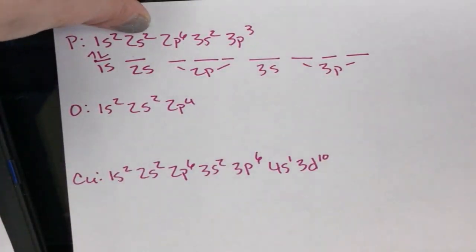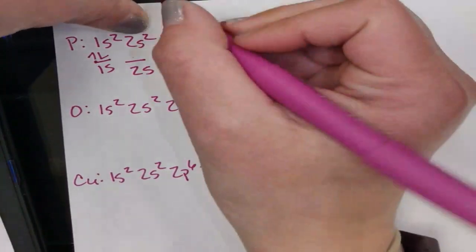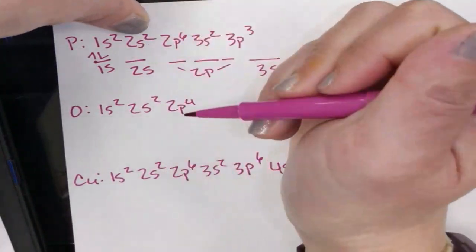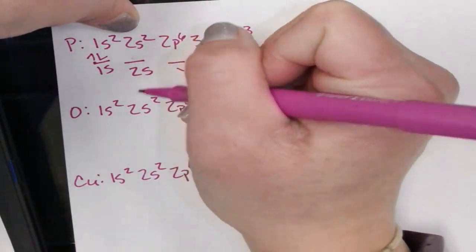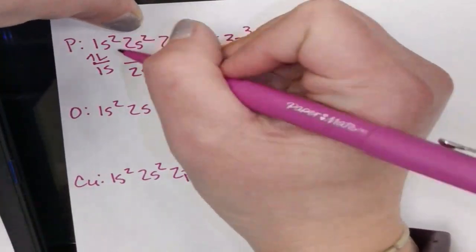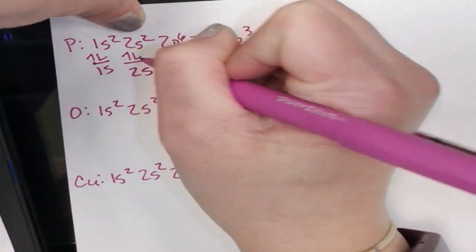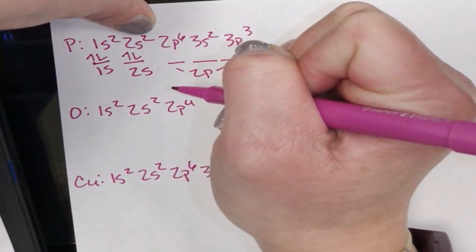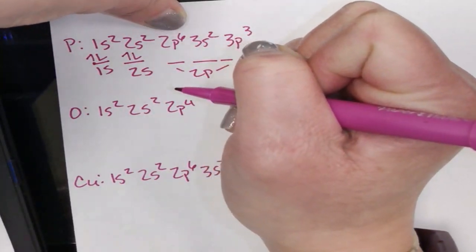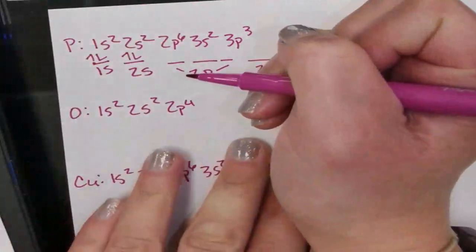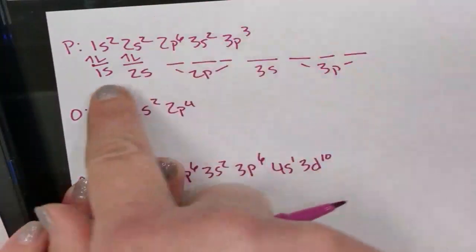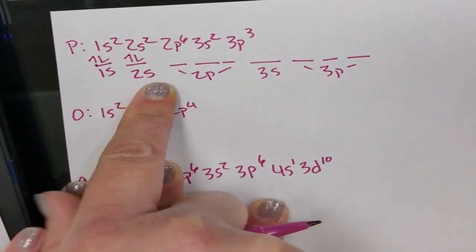The second sublevel, the 2s, has a half arrow up and a half arrow down for the 2 electrons. The 2p has 6 electrons. Now here's where we get into Hund's rule. So far, we've only been filling Aufbau's principle.